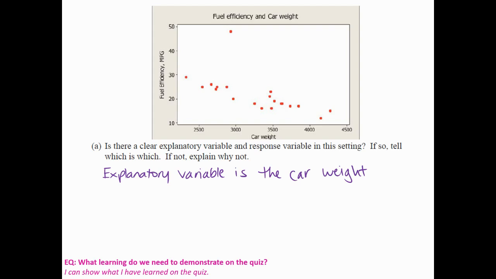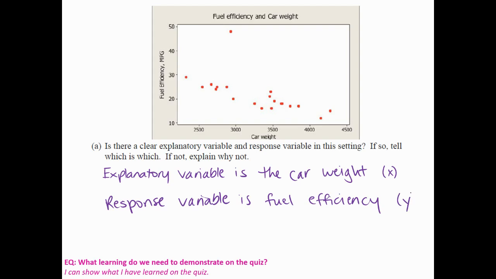Awesome. And then if that is our explanatory variable, again, because it is the x, or what we're going to use to help us explain or understand fuel efficiency, that would be our response variable. So the response variable is fuel efficiency. And again, that's acting as the y.